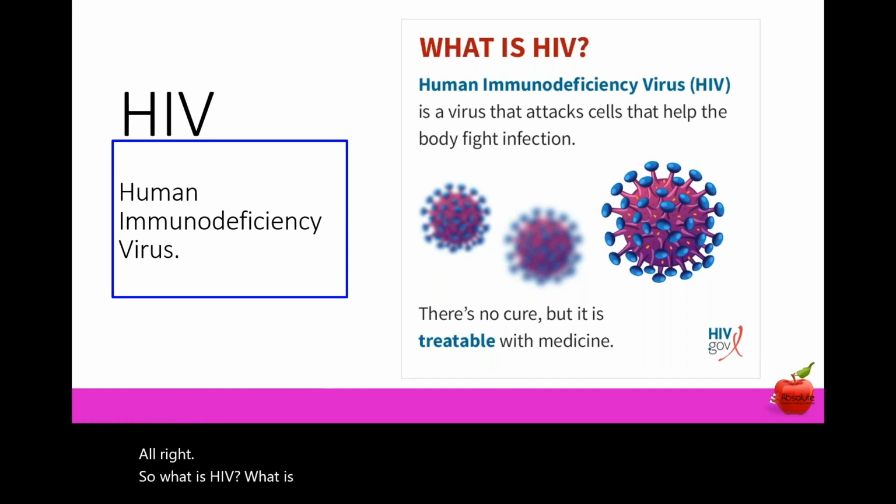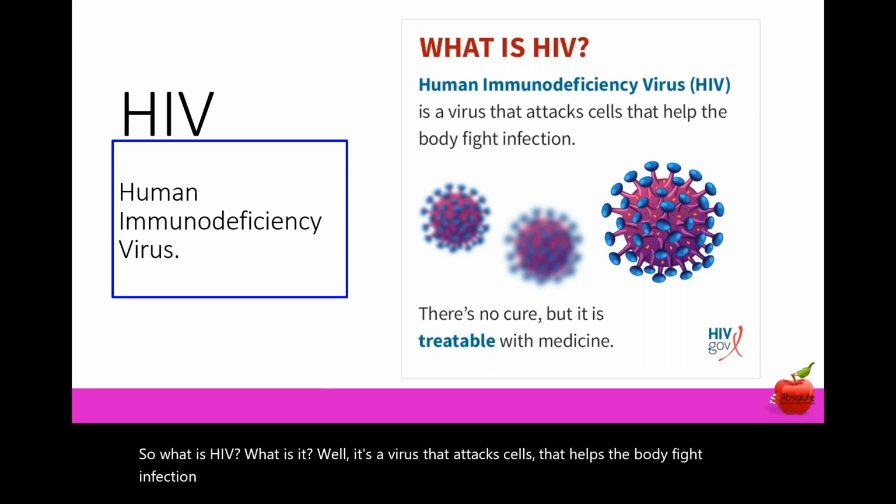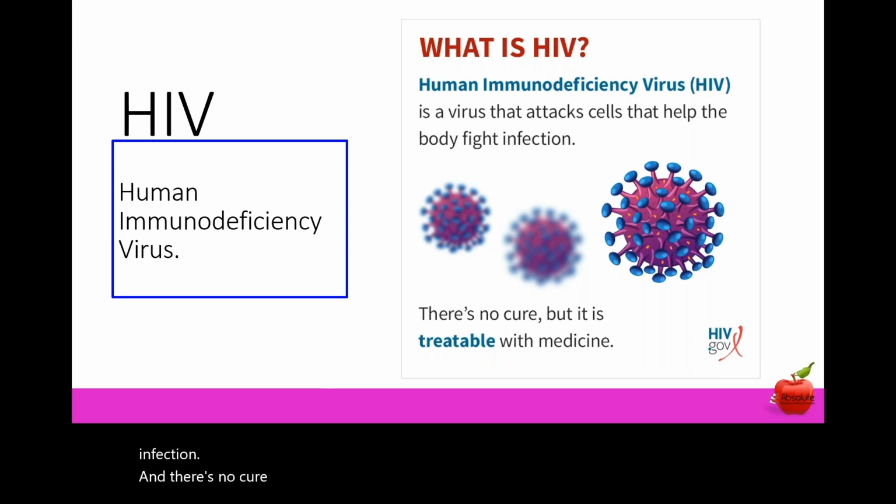Well, it's a virus that attacks cells that help the body fight infection. And there's no cure, but it is treatable with medicine, and it can even be undetectable. That's great advancement, right?